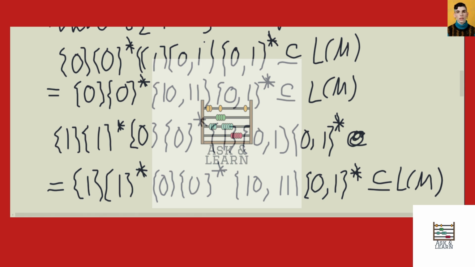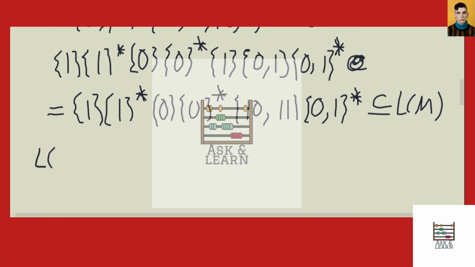And so we see that the language generated by the machine is going to be the union of all these sets, since we've covered all our cases.